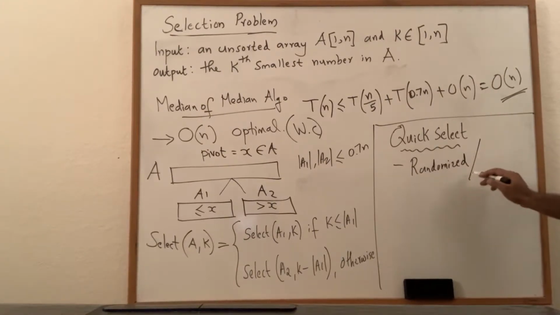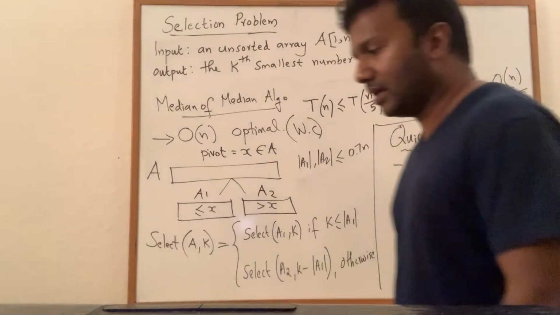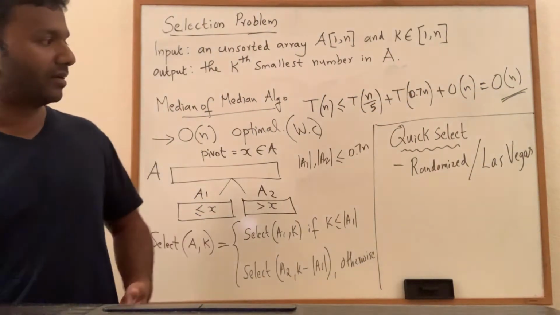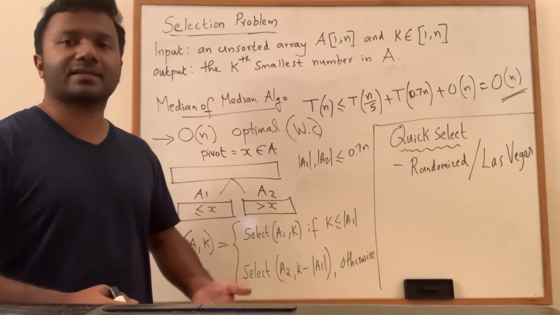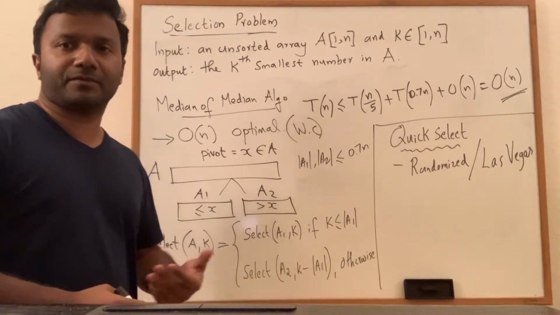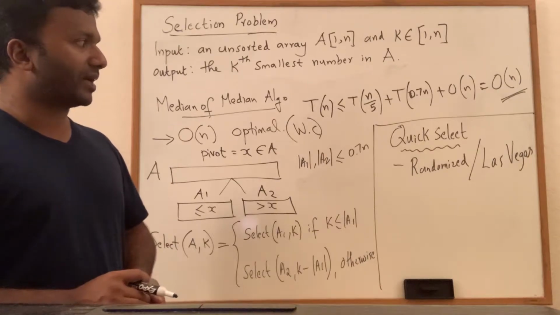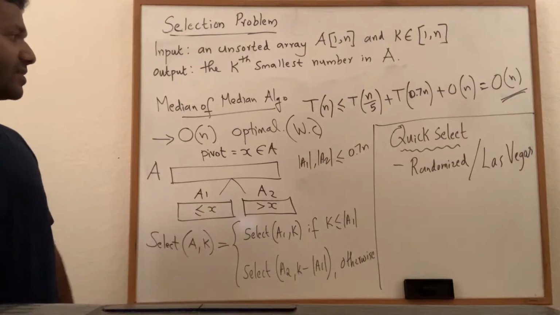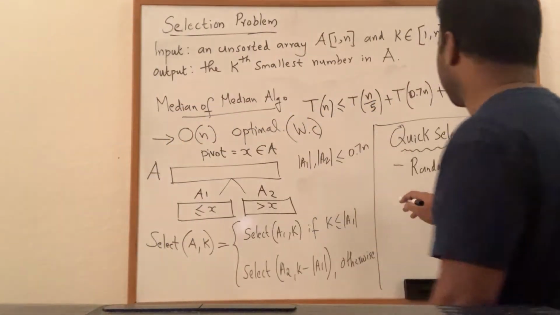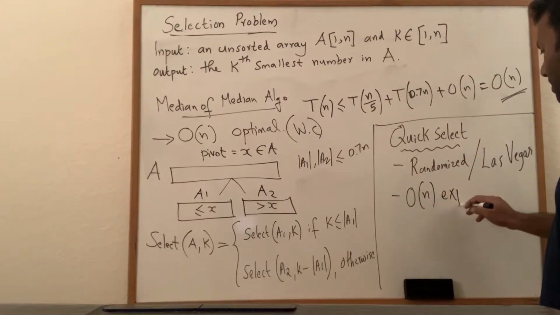More specifically, this is a Las Vegas type algorithm, which means the algorithm will produce the correct answer, but the running time we want to bound in terms of the expected value. Alright, so this is a randomized algorithm and it is a Las Vegas type. And the running time is big O of n expected.